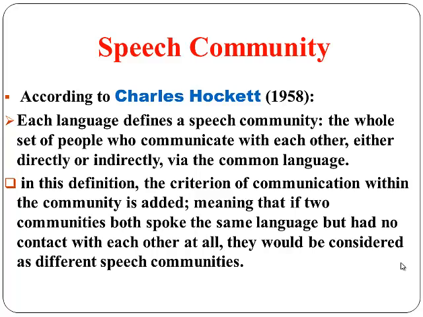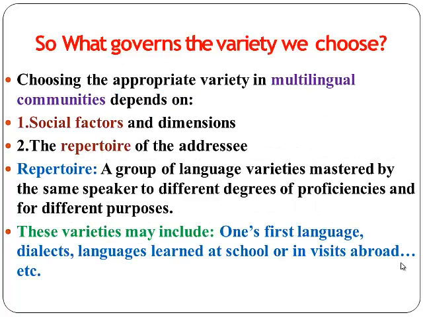So, what governs the variety we choose? Choosing the appropriate variety in a multilingual community depends on two factors. First, the social factors and dimensions. Second, the repertoire of the addressee. What is a repertoire?